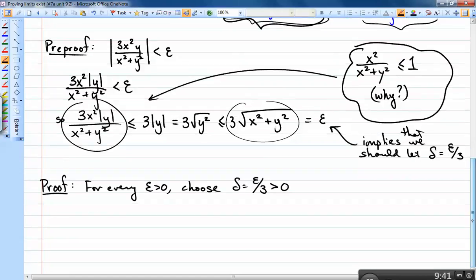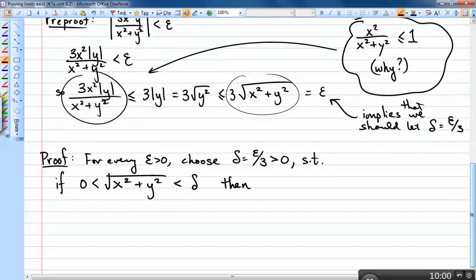And so then the if part that we assume, such that if 0 is less than, let me do it in square root form, square root x squared plus y squared is less than delta. Then, now I can manipulate this stuff. This is 3x squared y over x squared plus y squared minus 0, really, because it's f of xy minus L. So I'll just put that there.